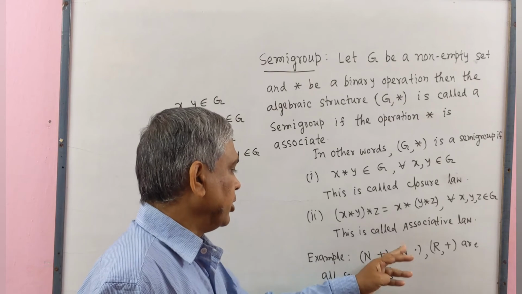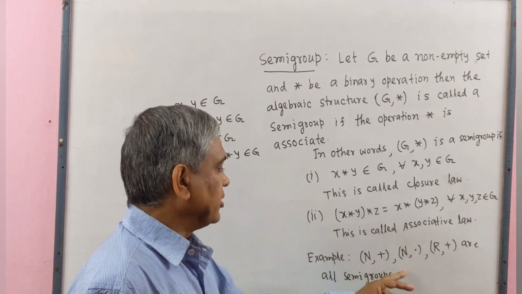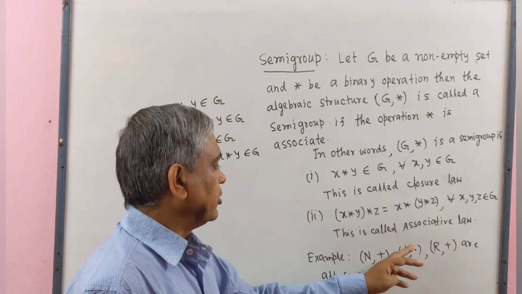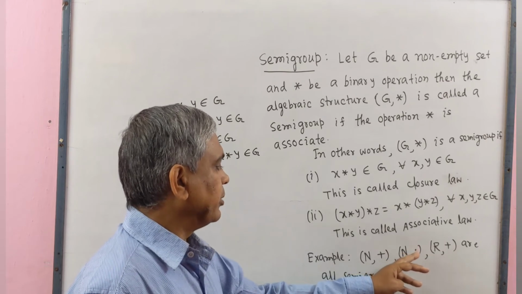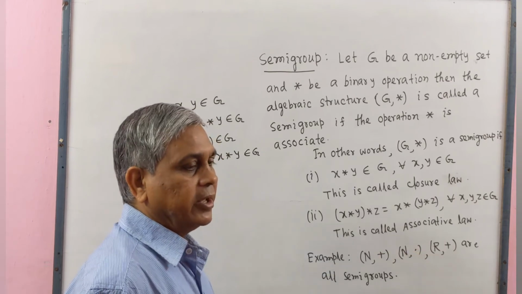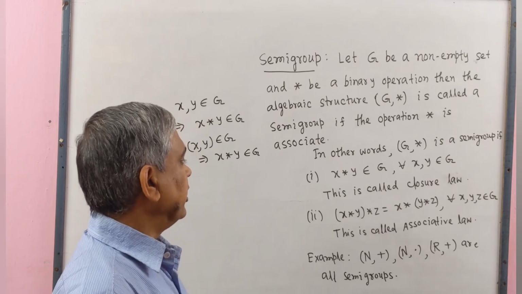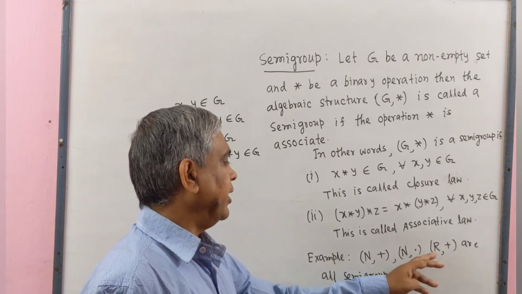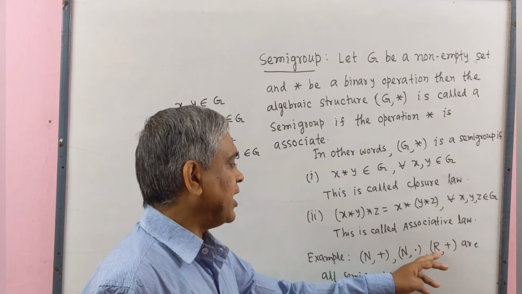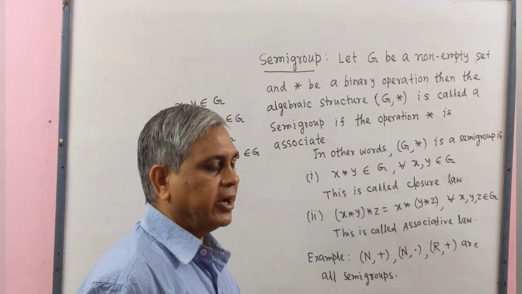Similarly, algebraic structure N, set of natural numbers, with binary operation multiplication is also a semi-group, and set of real numbers with binary operation addition is also a semi-group.